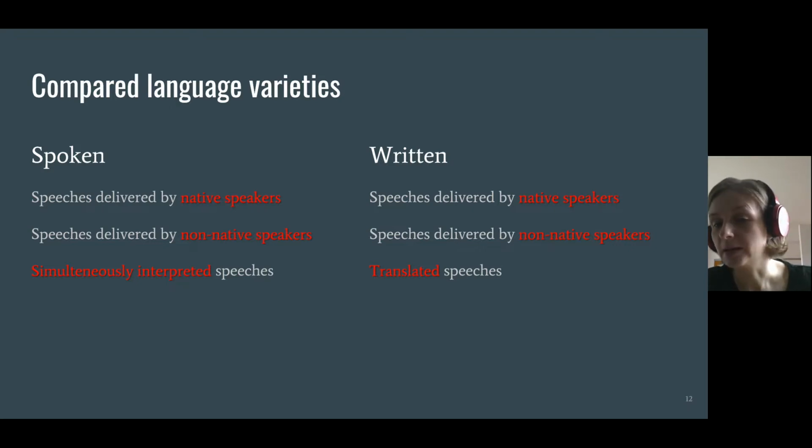And also I'm comparing this to speeches written in English by native English MEPs, speeches written in English by Polish MEPs, and speeches translated into English from Polish.